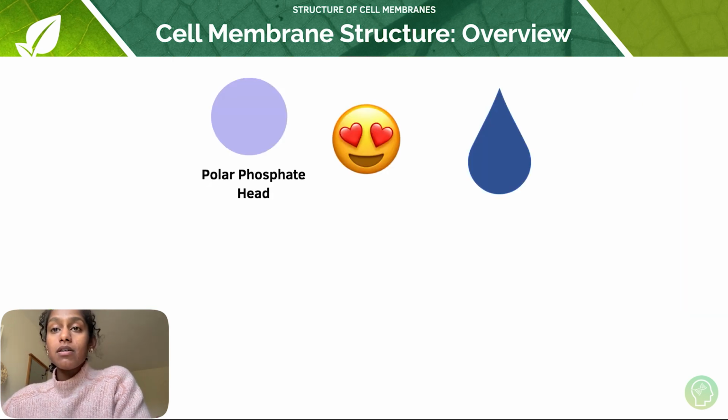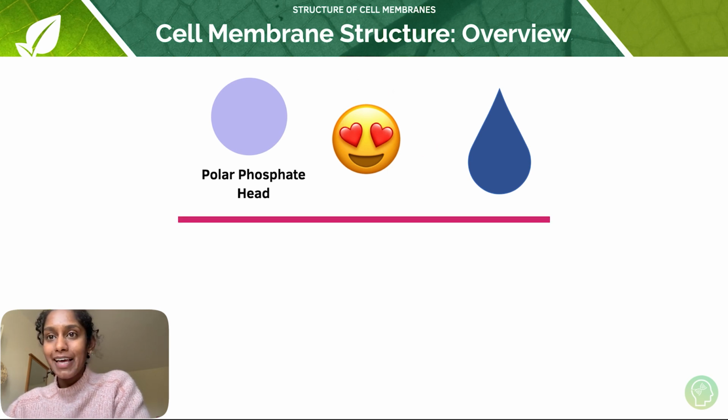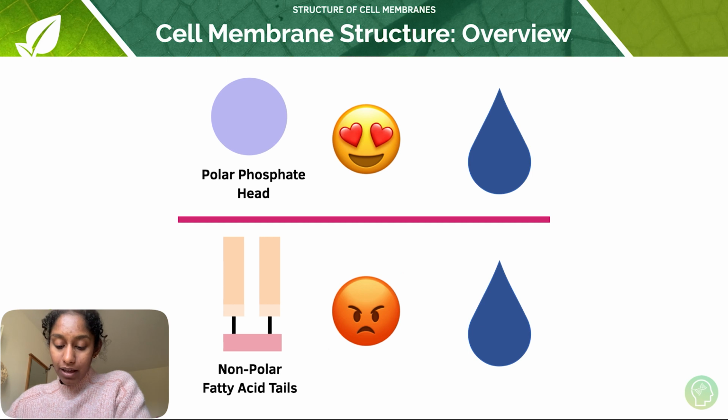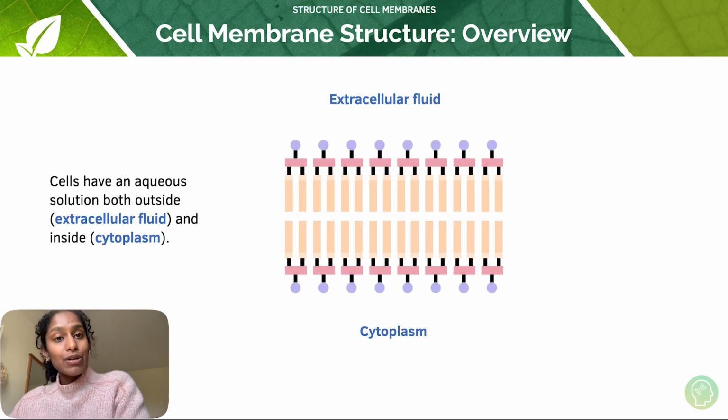Okay, so as I said, our head is our water-loving head, hence this nice little heart emoji here. And our tails are our hydrophobic tails, and they are water-hating. So now let's have a look at this in context. This diagram is showing many phospholipids.